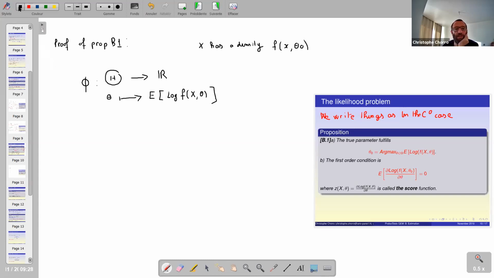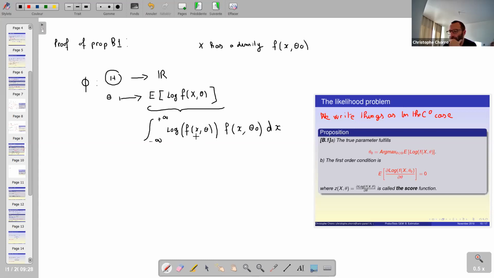So it means in particular that my function of interest here is just the expectation of a function of capital X having this density function, so it's the integral from minus infinity to plus infinity of the logarithm of f(x, theta), parentheses if you want here, multiplied by what? Multiplied by the density of capital X, that is f(x, theta 0) dx.